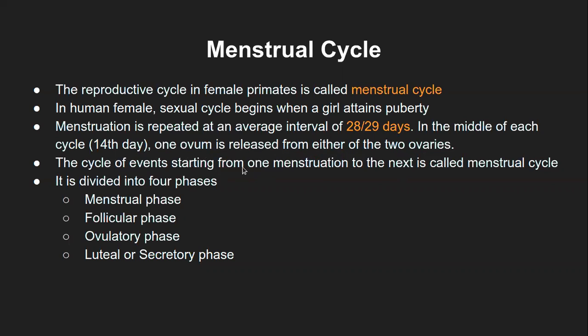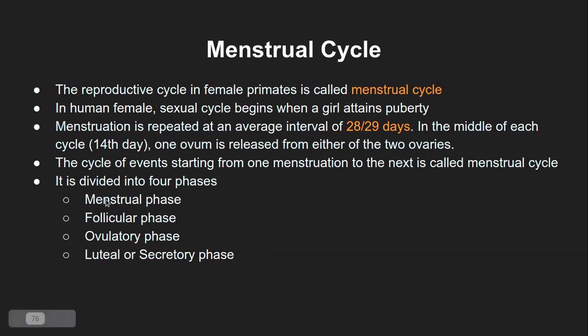Then the cycle of events starting from one menstruation to the next, that is what is known as the menstrual cycle, divided into 4 phases: menstrual phase, follicular phase, ovulatory phase, and the luteal or secretory phase. Now, usually the misconception is that menstrual phase is at the end. Because it's a cycle, you can also consider that as an end, and it starts with the follicular phase.